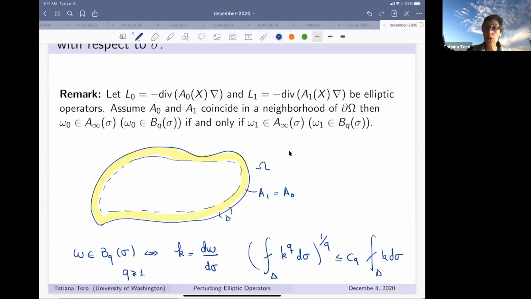The key point of this slide is that if you know two operators coincide near the boundary, then they behave very nicely. It only depends on the boundary, and this is one of the key ideas of the proof of the result that I want to talk about.